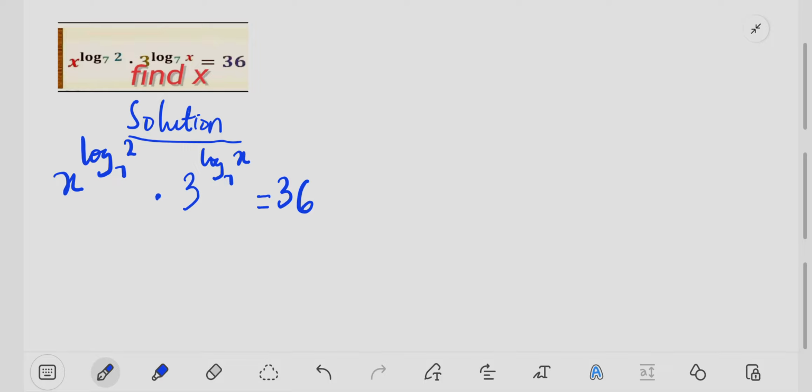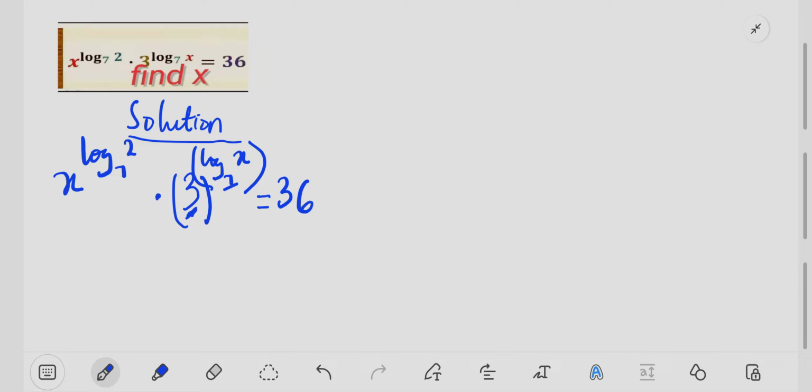Okay, so this is how you can go about it. We are going to change the base of this log right here. Now, why do we want to do it like that? We are going to change the base to a base 3 so that this base right here will be the same as the base over here, that they can cancel out to get rid of the base 3 over here.